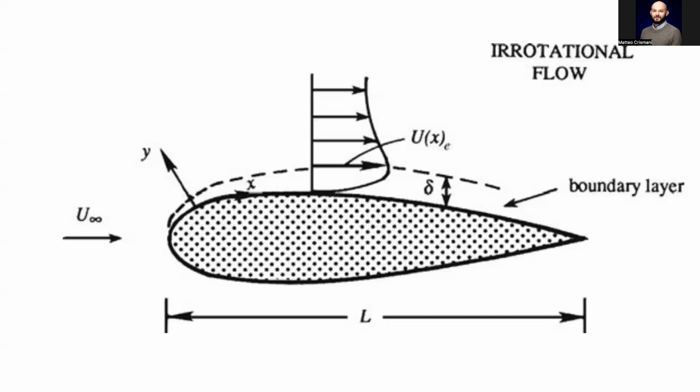So that means the pressure at the surface of the wing is equal to the pressure at the edge of the boundary layer. That's the necessary requirement, right? So that means that you can find it if you know the pressure from the transition at the boundary layer.